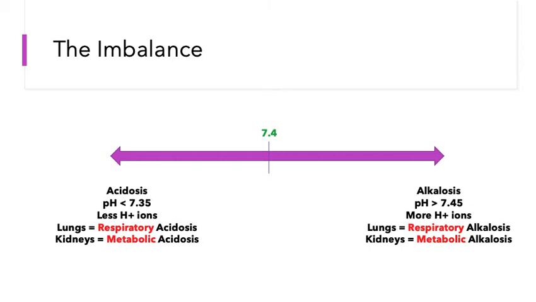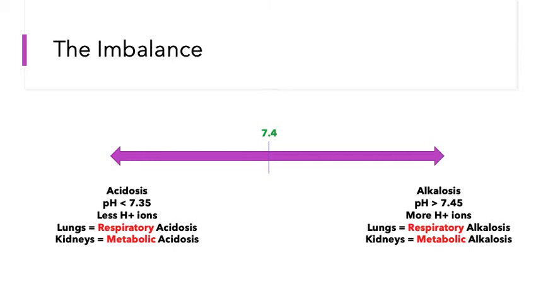Now, there are two major organ systems that help balance the acid-base imbalance in our system, and these are the lungs and the kidneys. So if the pH is less than 7.35 and if it's related to a lung issue, then we call it respiratory acidosis.